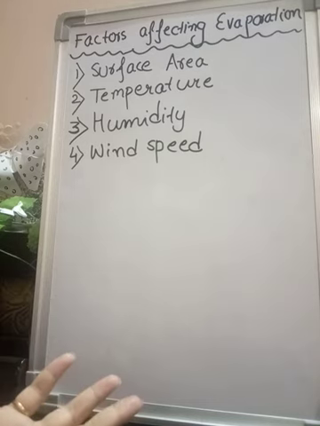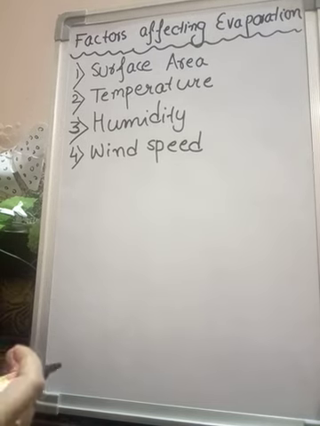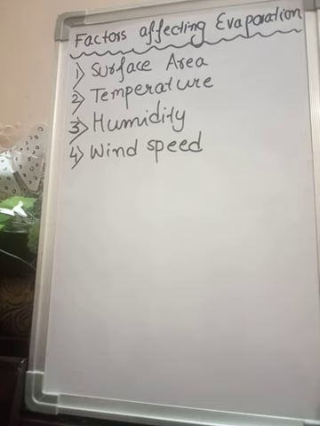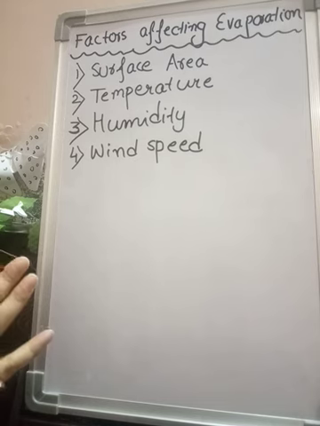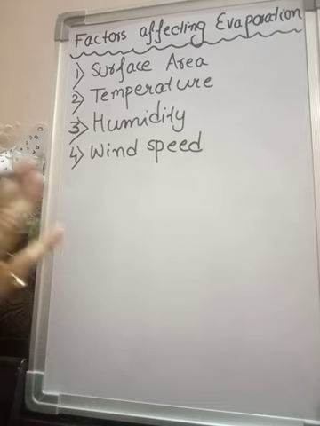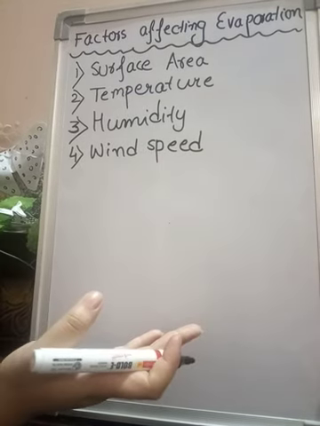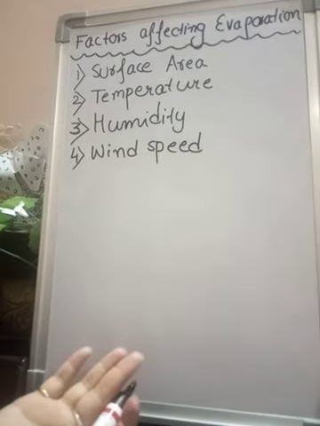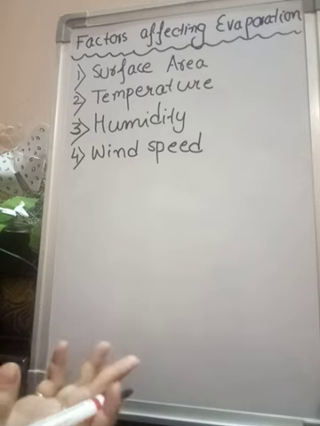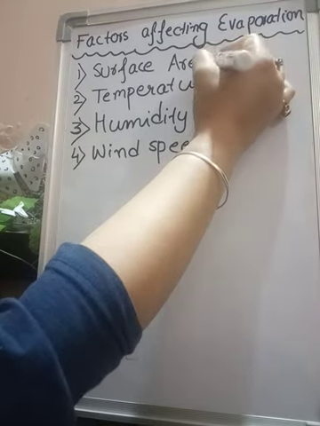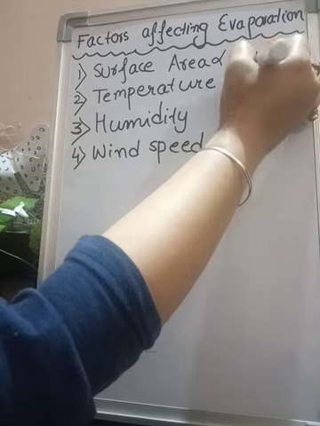And obviously you will be able to consume it. All these day to day examples are very important to study the effect of surface area on evaporation. So from here, we are concluding that surface area is directly proportional to evaporation.